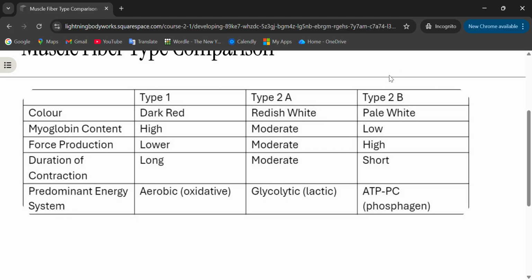Fast twitch B is on the opposite end, so very little blood, very short duration, but your highest force production. So whether you train more type 2A or type 2B will determine how many of each you have.